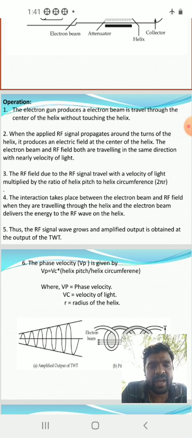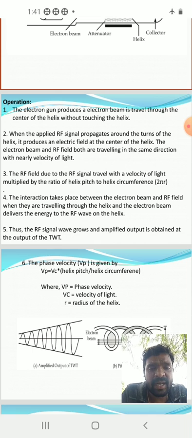The helix, attenuator and magnet help keep the electron beam and RF field at the center of the helix. The helix size, pitch or circumference depends upon the field velocity. If the helix size increases, the RF signal is also amplified; the more the helix size increases, the more the RF signal is amplified.